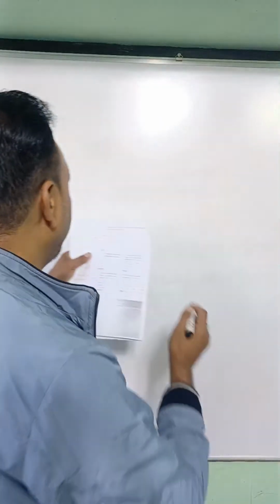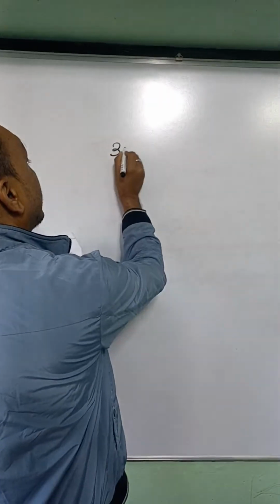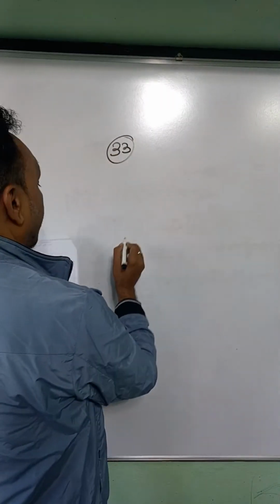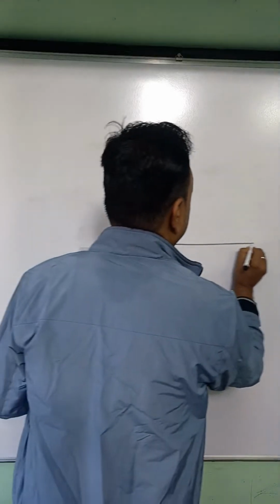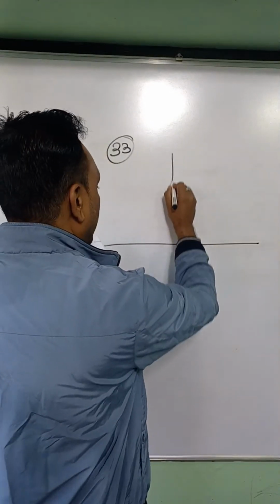So in question number 33, it tells: from the graph y is equal to p(x) given below, for some polynomial p(x), find the number of zeros. One graph is supplied to you.